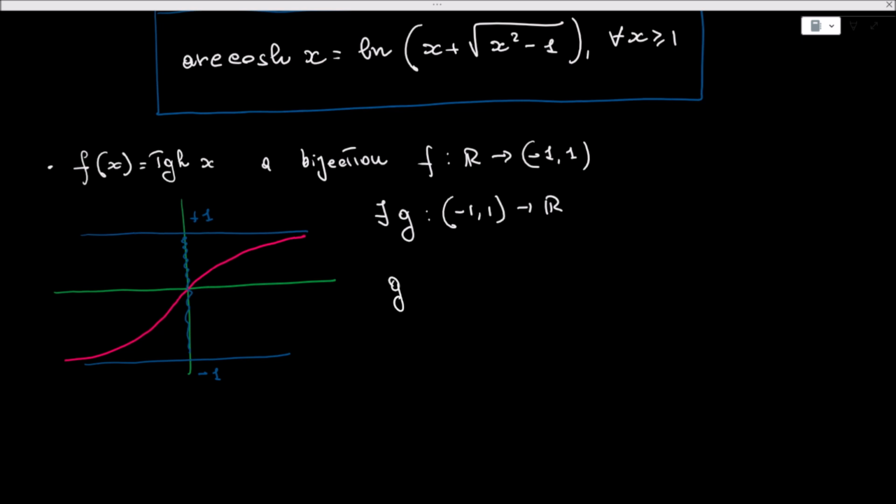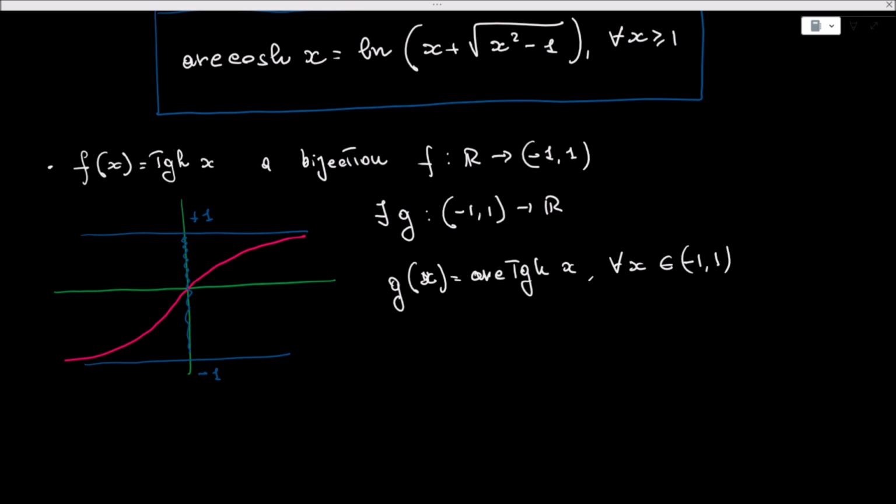And this function g will be what we'll call the arc hyperbolic tangent of x, for every x in the interval minus 1, 1.